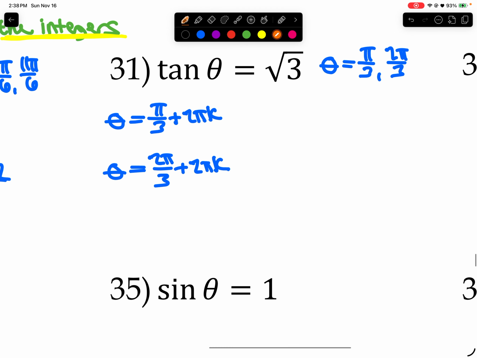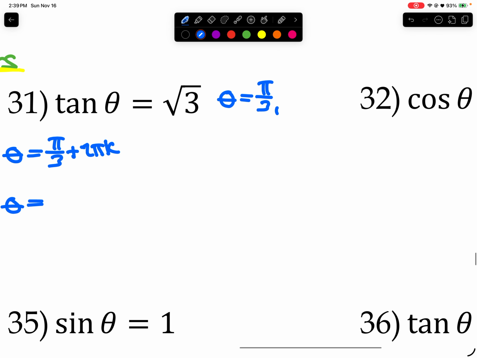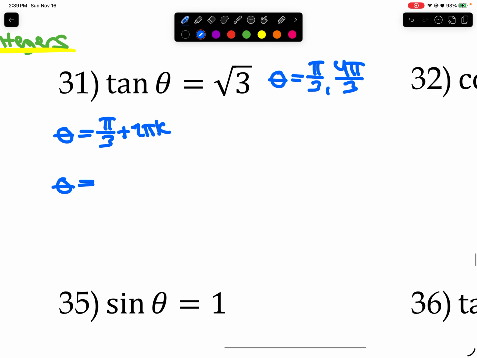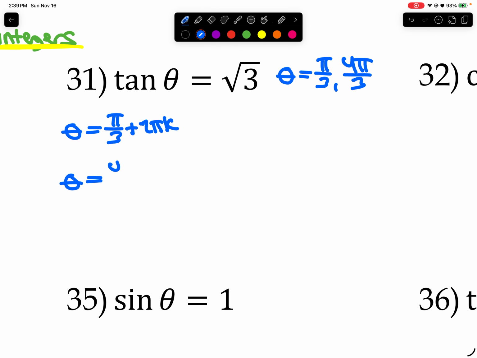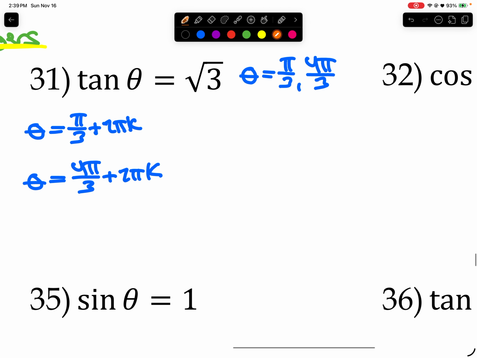Okay, sorry y'all. So this is pi over 3 and 4 pi over 3. So this would be 4 pi over 3 plus 2 pi k. So sorry about that, y'all. So now if I plug in a k value of 1, there we go.